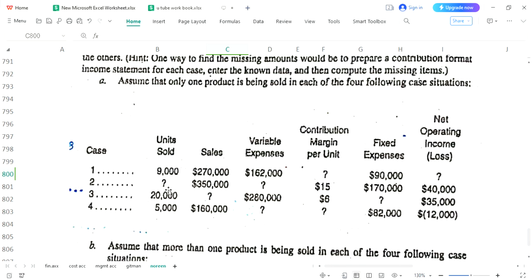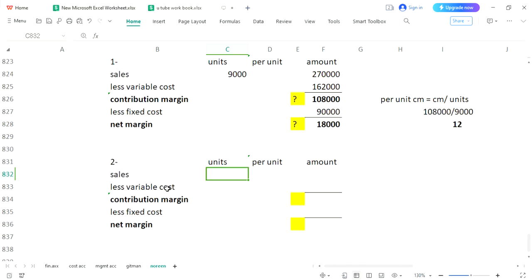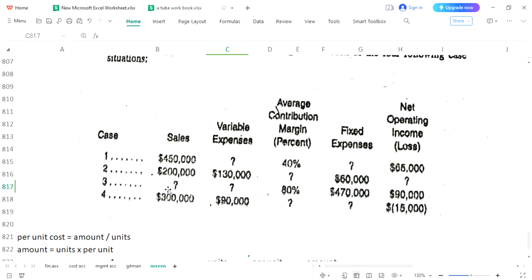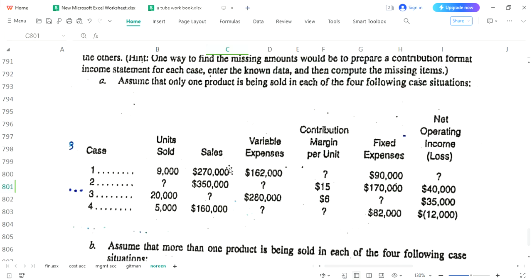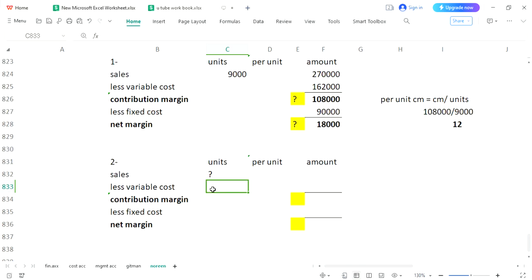Again, units sold, question mark. So this is our first question mark. And then it is said that in the second case sale is 3,50,000. Our amount of sale is given, which is 3,50,000. Alright, now these are not question marks, we can remove them and we will see how to handle it next time.